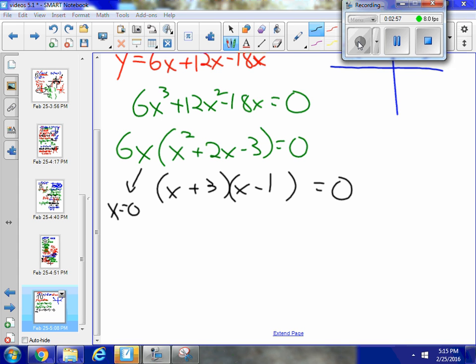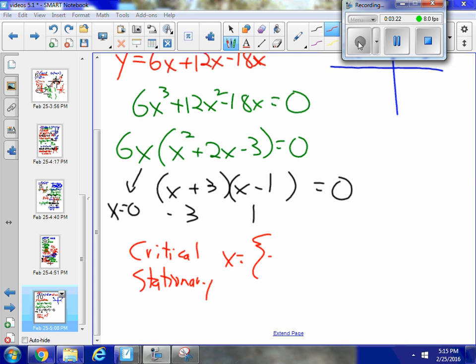So where x is equal to negative 3 and x is equal to positive 1, any of those values of x are going to make the derivative equal to 0. So my critical points are all stationary, and they are x equals negative 3, 0, and 1.